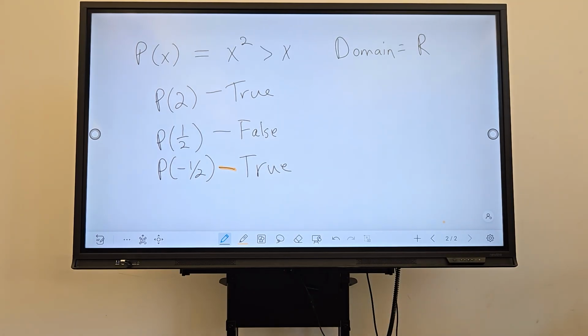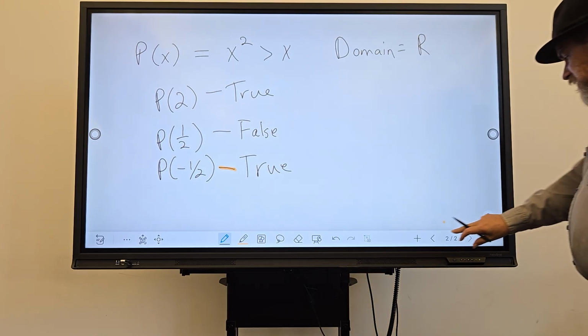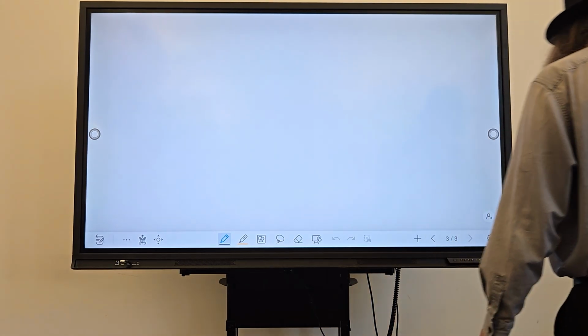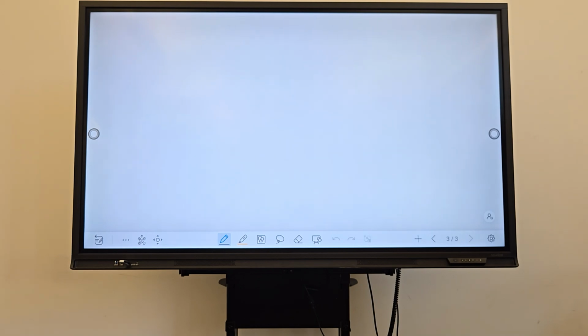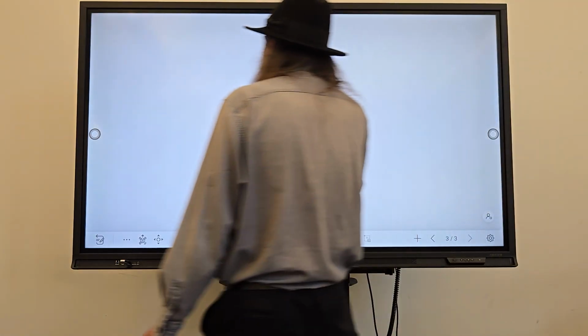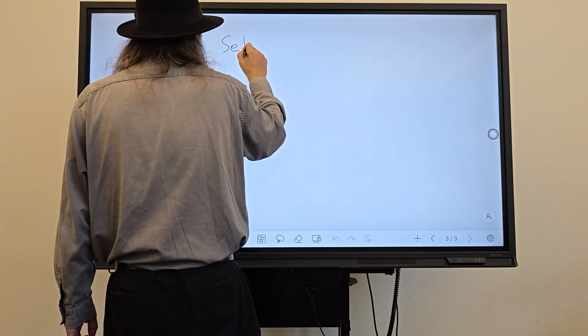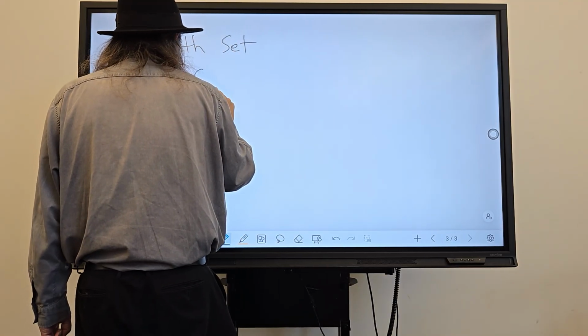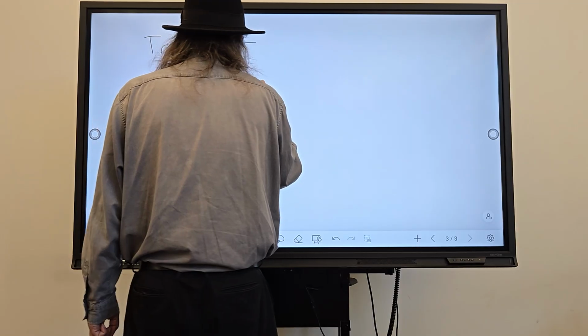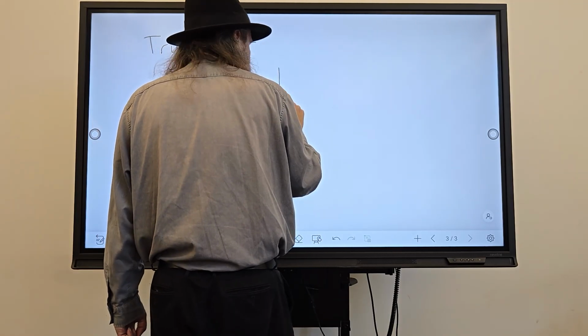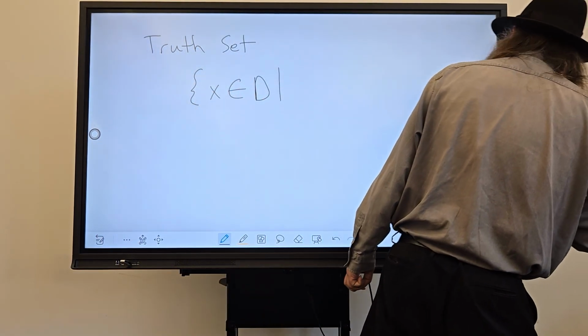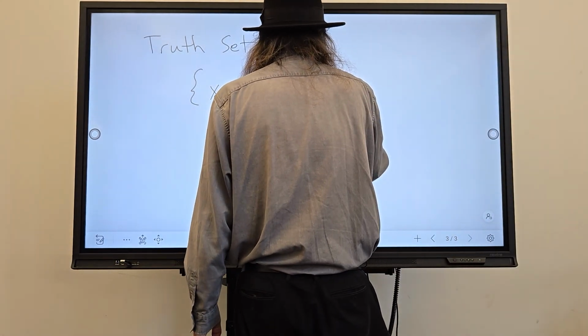Now you can define a truth set as the set of all elements of D that make P of X true when they are substituted for X. The truth set of P of X is denoted as: the set of X that are an element of D such that P of X is true.